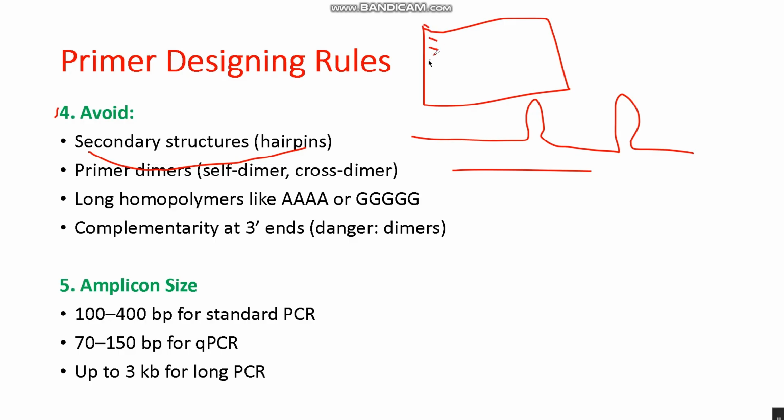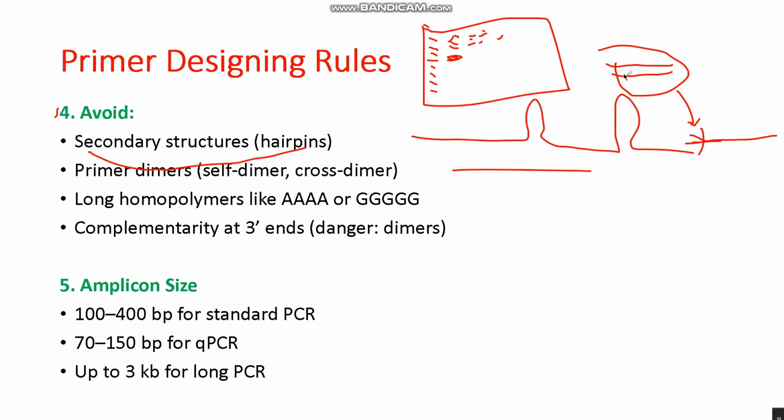Actually, we have like this is the ladder. Okay, and the actual result must be here. Okay, but we also got this type of bands. This is actually the primer dimers. Why? Because the primers are attached with each other, not with the strand.